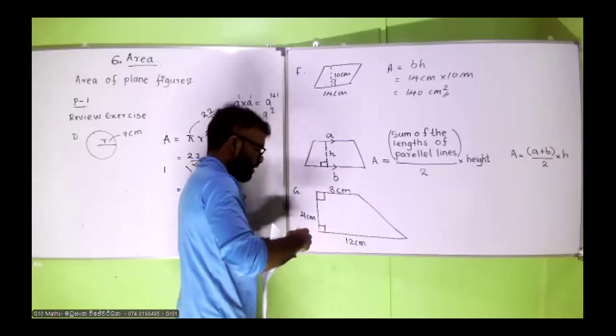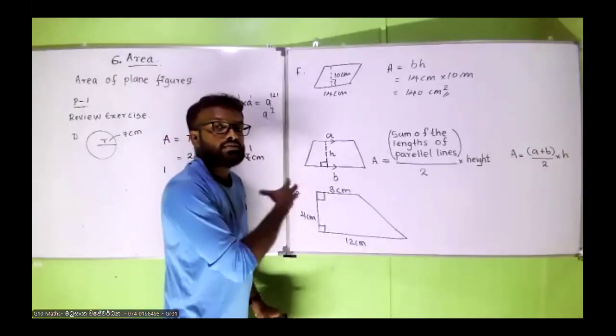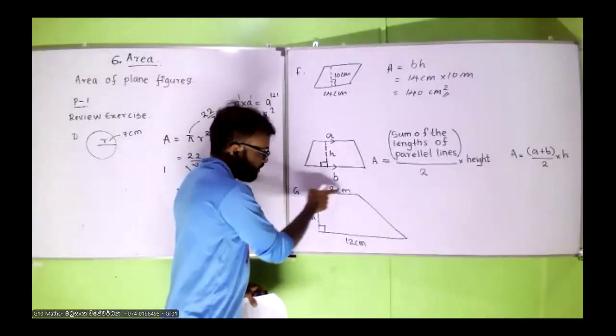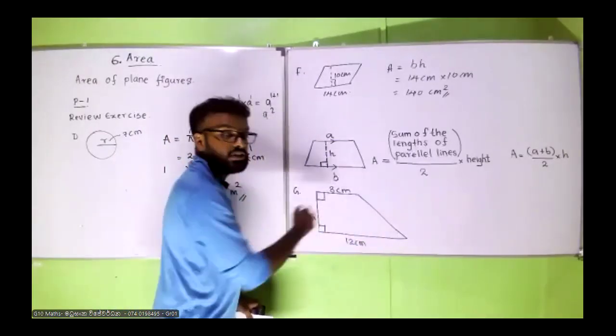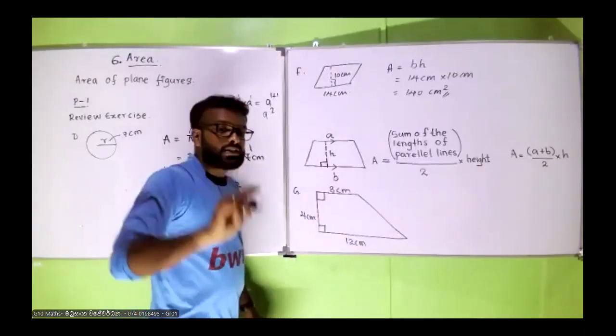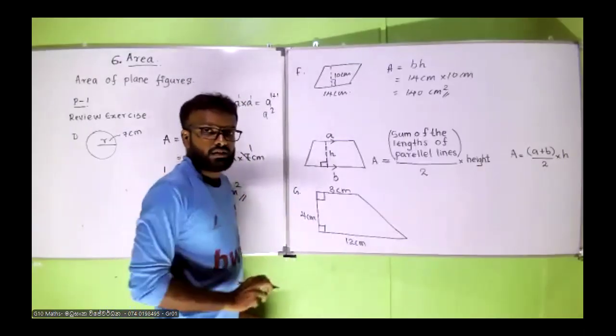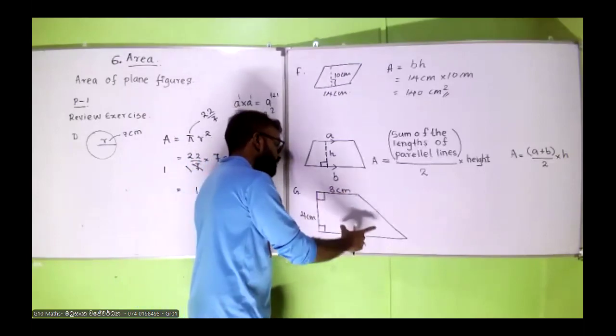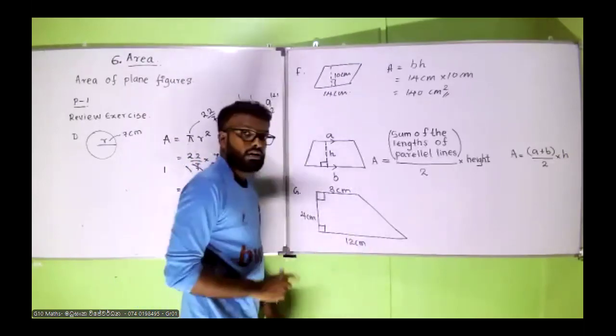So at once you need to identify this is a trapezium, because they haven't given you that this side is parallel to this side. You need to understand it by using the data given here. So what are the data that they have given, that you need to understand this side is parallel to this side?